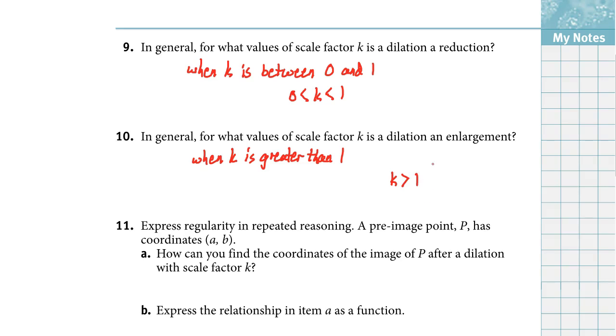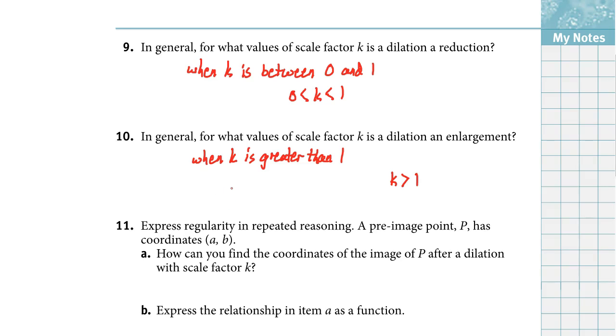Now number 11, a pre-image point, let's say it's capital P, has coordinates A, comma B. So we're using the variables A and B to represent whatever the numbers are for that point. How can you find the coordinates of the image of P after a dilation with scale factor K?